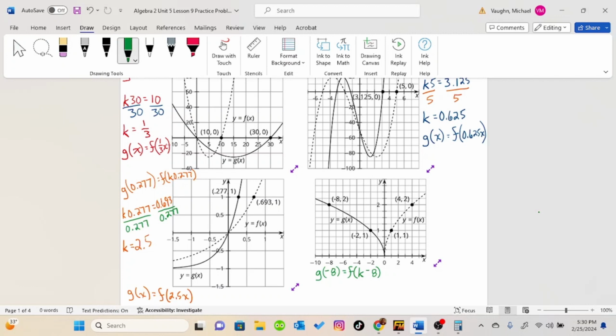So here we're saying that k times -8 needs to equal +4.